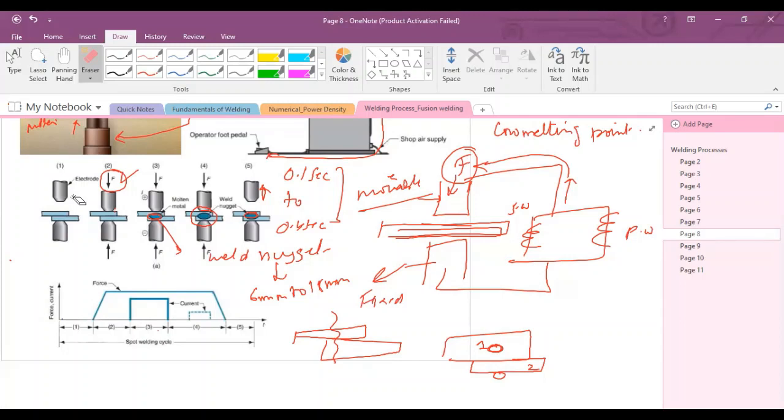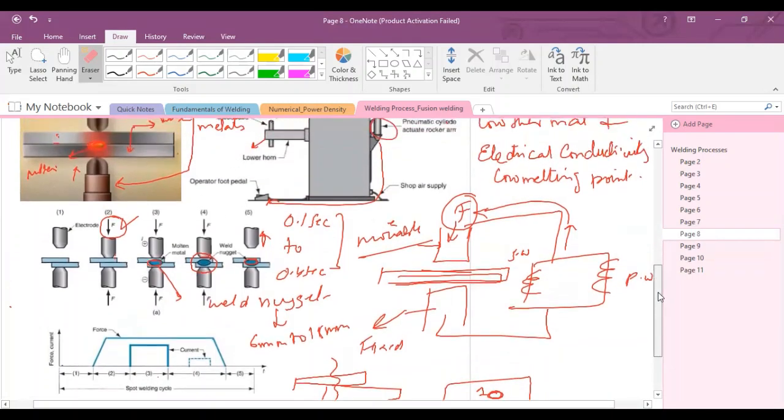And if you have sheet metal parts made of aluminum alloy, then 13,000 ampere is required for spot welding. You can see here these 5 steps are plotted in a graph.